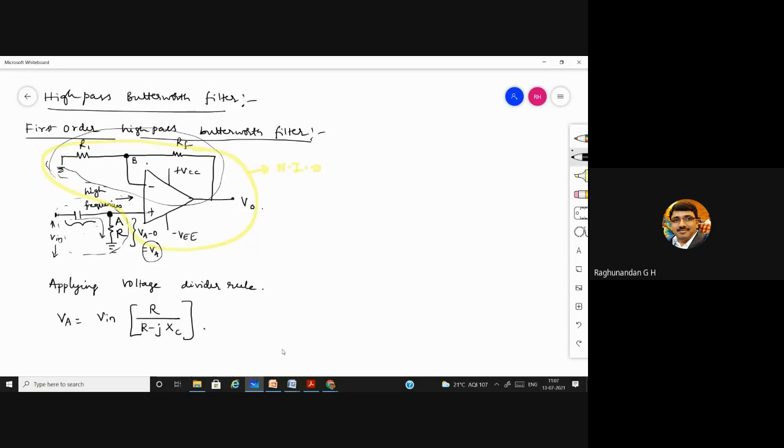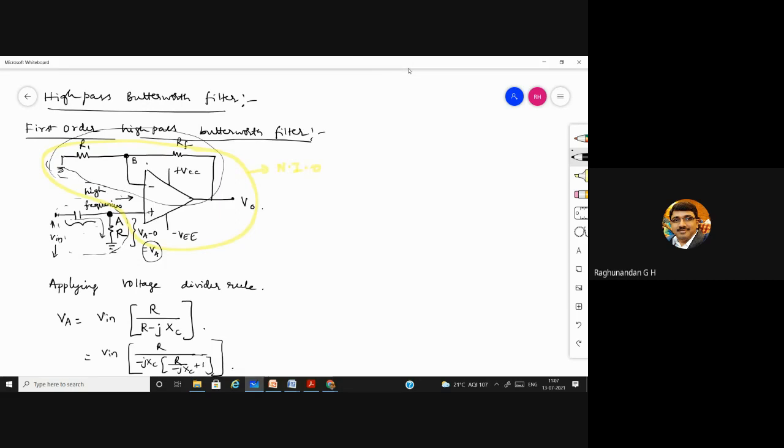Now in the next step, we take minus jXC common, so R divided by minus jXC common, you get R divided by minus jXC plus 1.